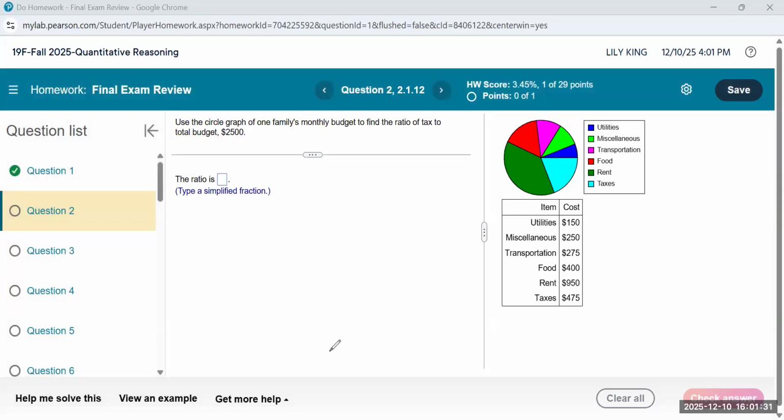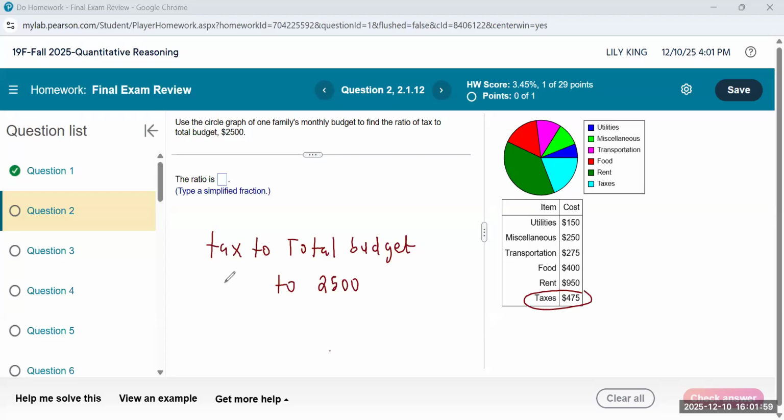So here we need to use the circle graph and a table beneath it to help us answer this question. So here the ratio of tax to total budget, where the total budget is 2,500. We've been given that. Now we need to go to the table and figure out the taxes.